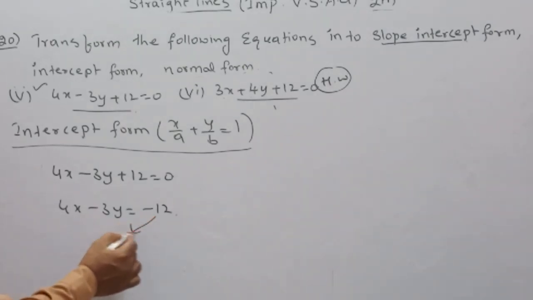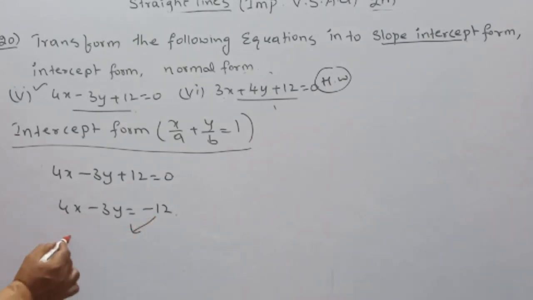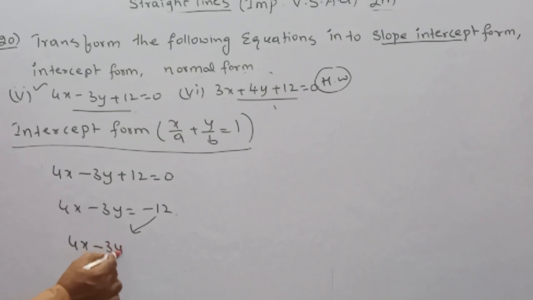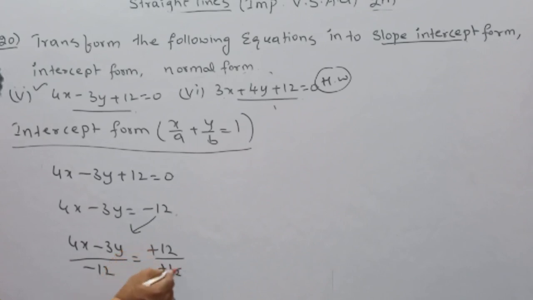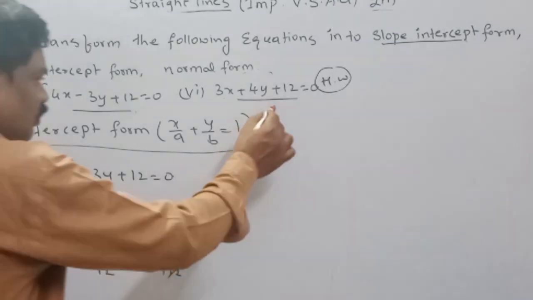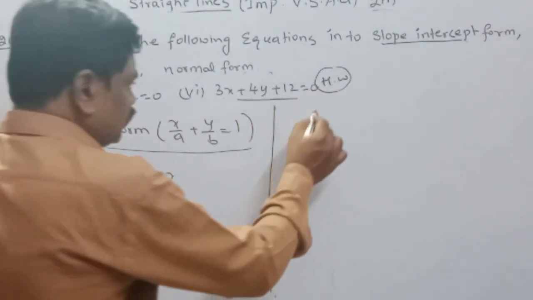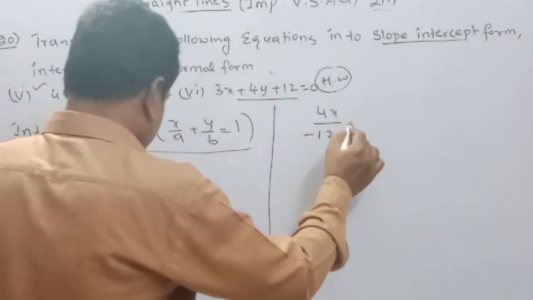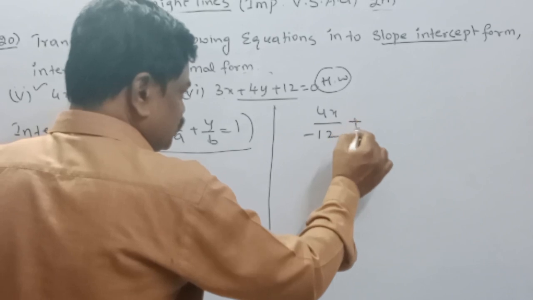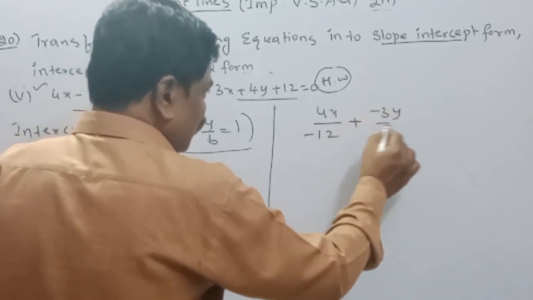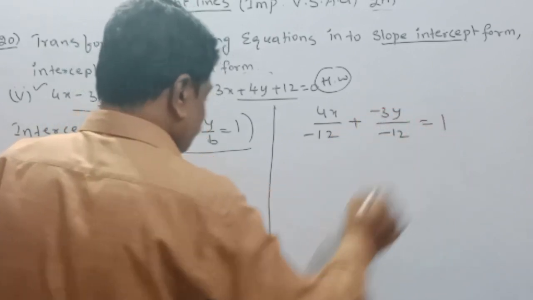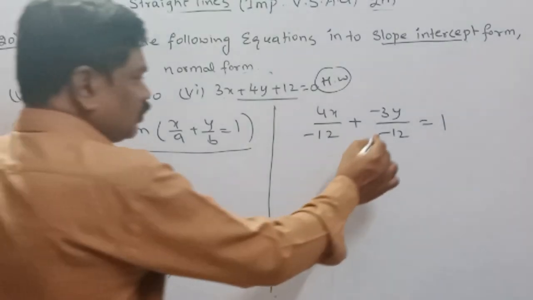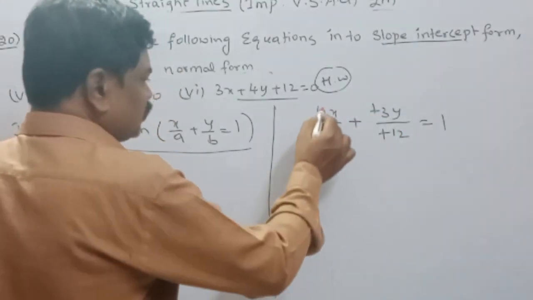Divide both sides by minus 12: (4x minus 3y) by minus 12 is equal to minus 12 by minus 12, which is 1. Then 4x by minus 12 plus minus 3y by minus 12 equal to 1.